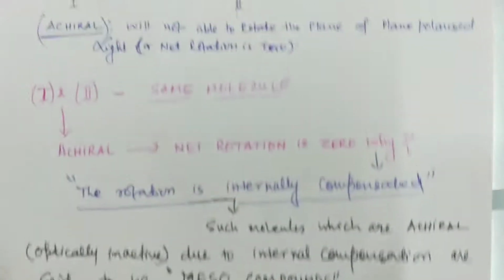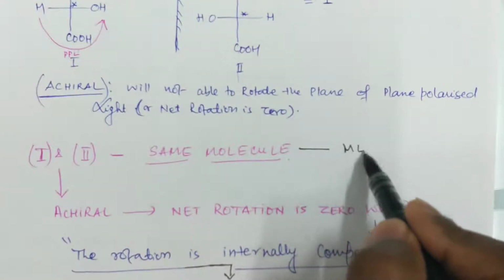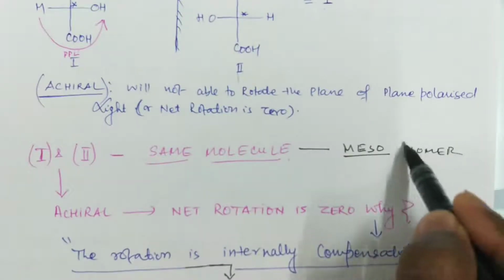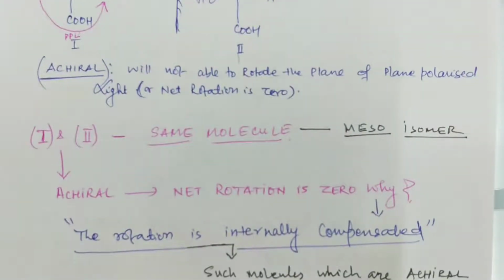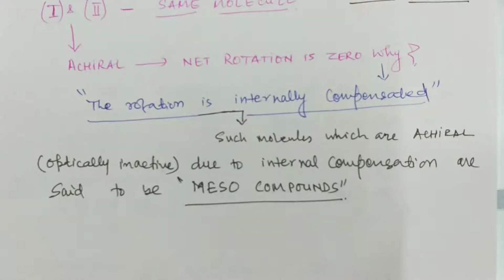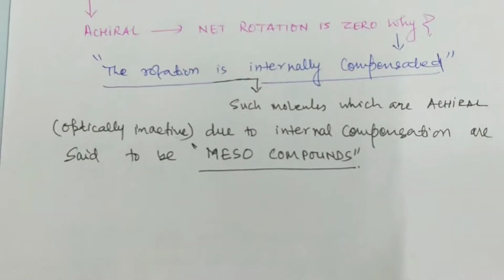They are the same molecule, and these stereoisomers are known as meso isomers. A meso isomer is a kind of stereoisomer in which optical activity is zero due to internal compensation. It means the molecule has symmetry, half the molecule rotates clockwise and half rotates counterclockwise. This situation arises only when a molecule has more than one stereogenic carbon and the substituents are the same.